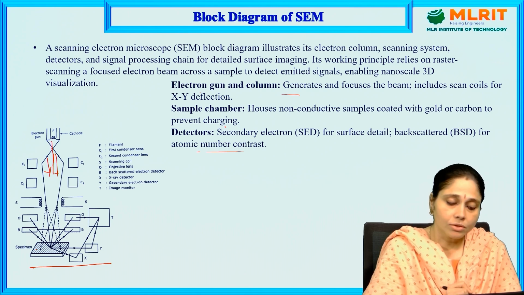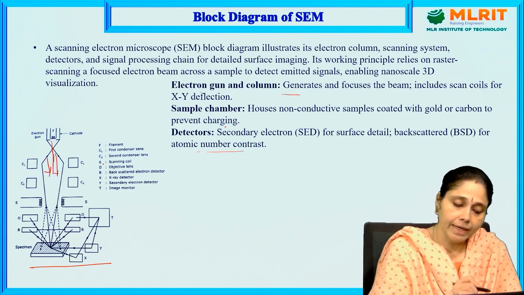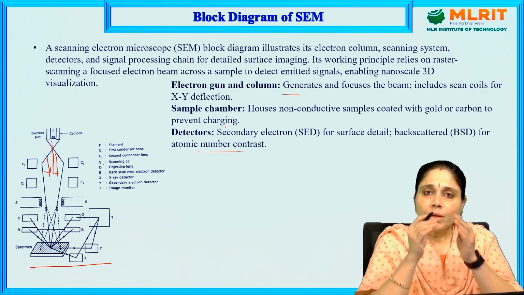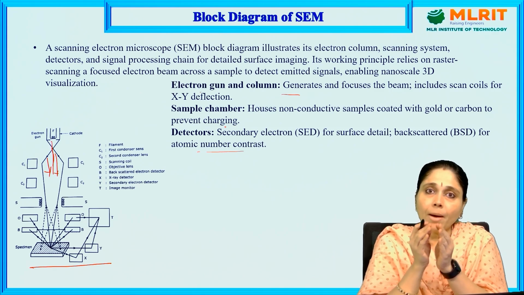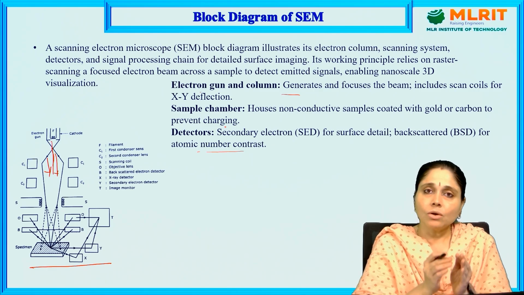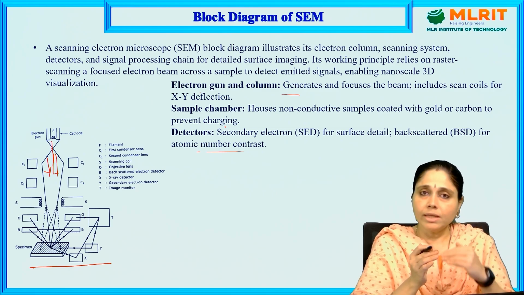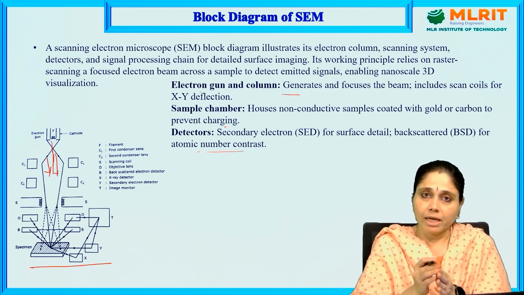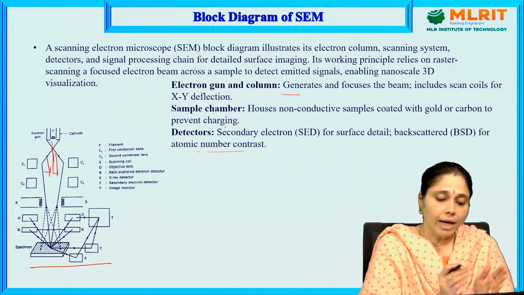Okay. So, in between what happens? There are condenser lenses, the first condenser lens and the second condenser lens, used to lay a path for the electron beam. These electron beams are going to be incident on the specimen in a particular direction when they pass through the condenser lens.